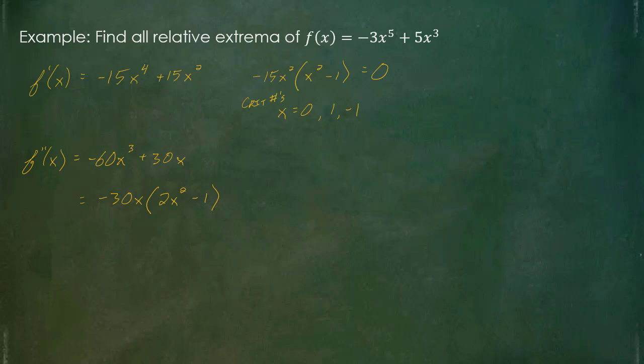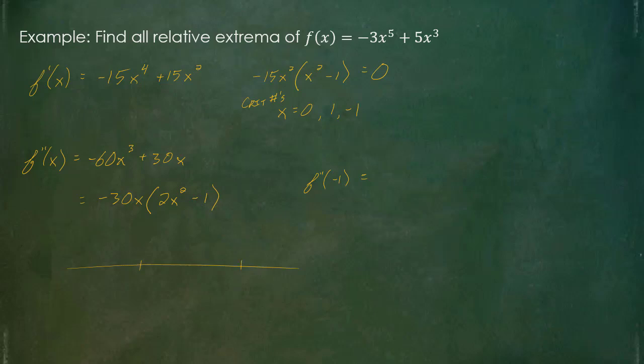And if I go ahead and just plug those numbers in, I know that f double prime of negative 1, if I were to plug that in, that should come back and make that front term negative. Or I guess maybe let's just set up a number line here.